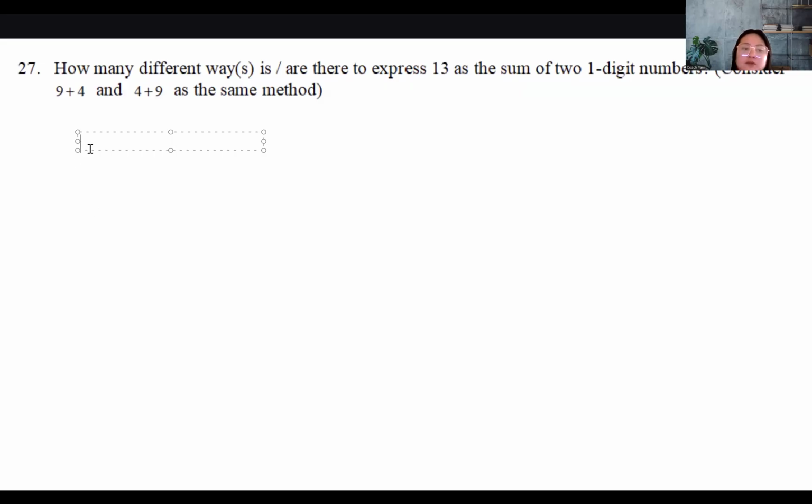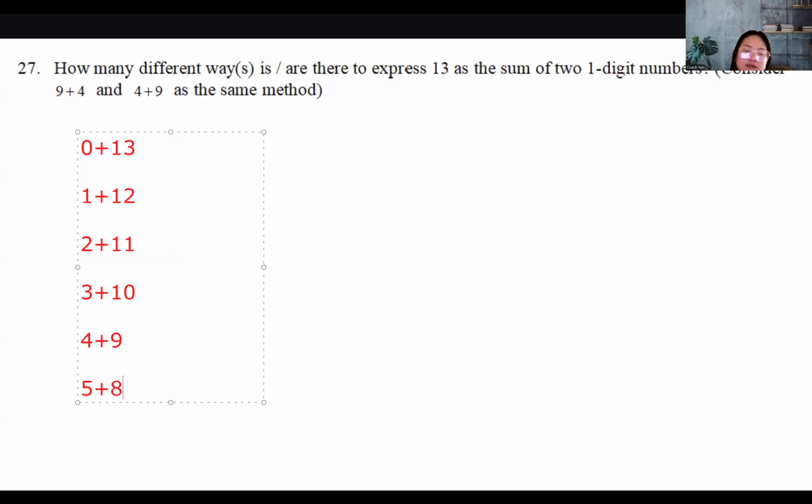Okay? 0 plus 13, that would give us 13. Counting up, 1 plus 12, 2 plus 11, 3 plus 10, 4 plus 9, 5 plus 8, 6 plus 7, and then after that, you have 7 plus 6. So it's just flip. So you just stop at 6 plus 7.